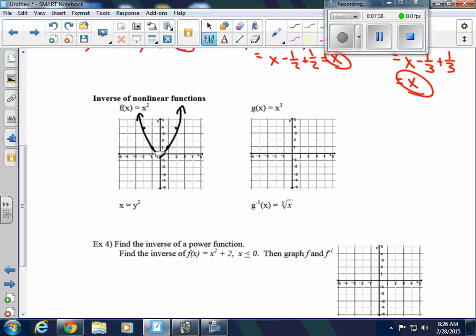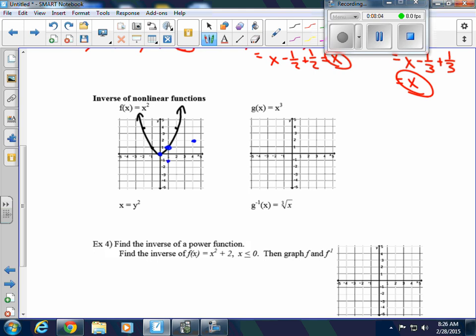Well, remember, we said that the inverse is we switch the x and the y. So instead of (0, 0), I now have (0, 0), which obviously is the same. Instead of (1, 1), I switch the x and y. Well, they're the same, so that's still going to be the same. However, the next one I have (2, 4), so I switch those and it becomes (4, 2). (-1, 1) becomes (1, -1).